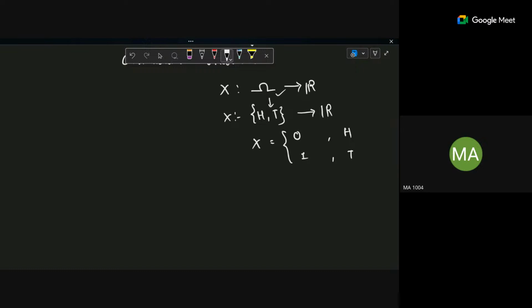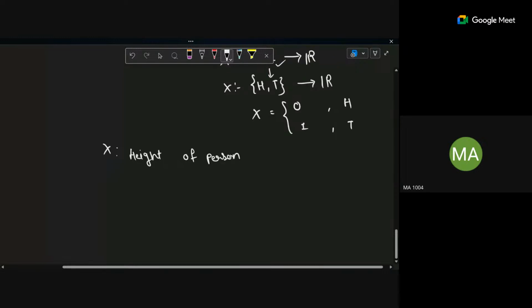Let's say your data set is the height of the persons on the earth. It's not possible to calculate everyone's height, right? So what will be your range set, like what can your x take?